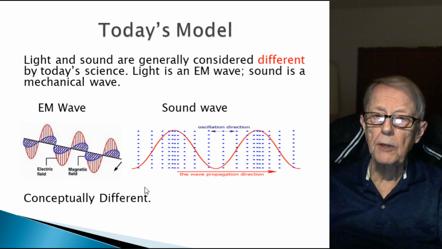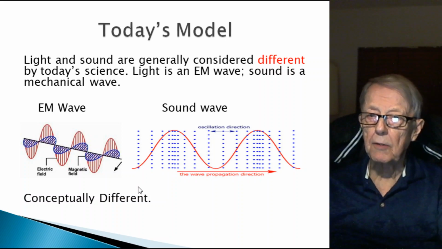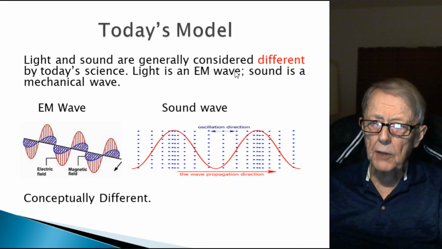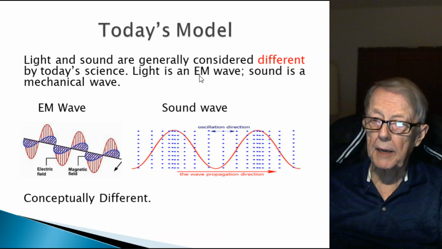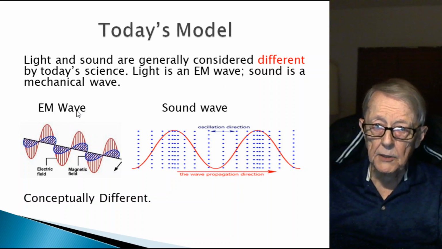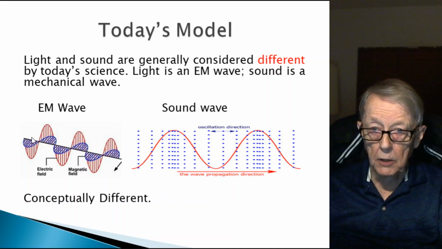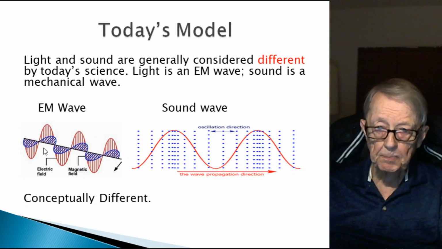Okay, so when you look at today's model for light and sound, they're generally considered different by today's science. Light is an electromagnetic wave, sound is a mechanical type wave. This is a drawing of an EM wave, which moves from source to destination. The vertical red is an electric field that's moving up and down.